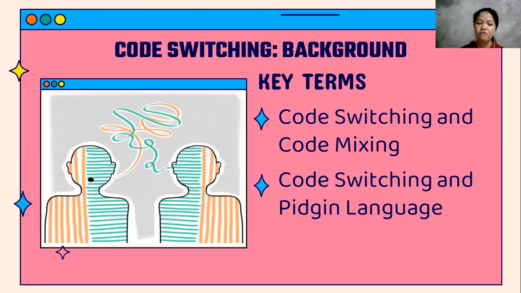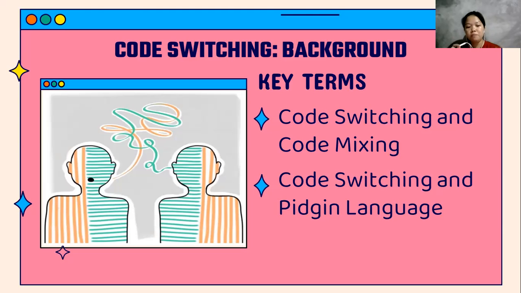Now, do not get confused between code switching and pidgin language as well, because code switching generally occurs when both speakers are fluent in both languages. So if I'm fluent in Filipino and English, and I'm talking to someone who's also fluent in Filipino and English, and we code switch most of the time, then it's code switching. But pidgin is more like a third dialect that evolves when speakers do not share a common language.